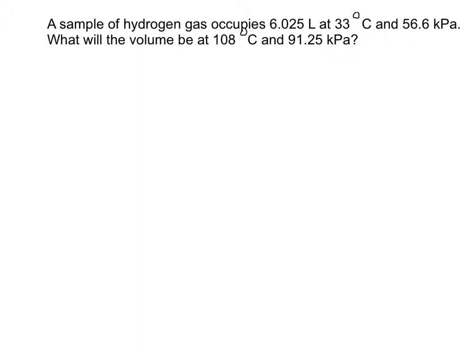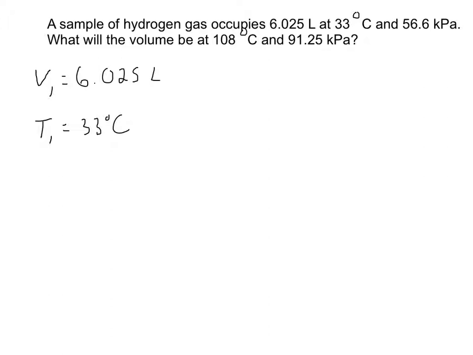So let's go ahead and define those things. 6.025 liters is a volume, so V1 is 6.025 liters. My 33 degrees Celsius is a temperature, T1 is 33 degrees Celsius. But remember, when we have temperature, we cannot use degrees Celsius.